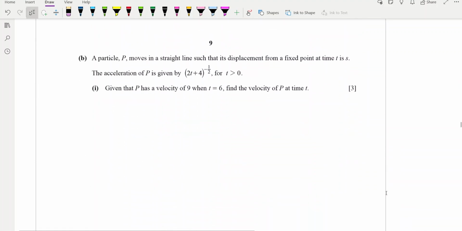Now B part says a particle P moves in a straight line such that its displacement from a fixed point at time t is s. The acceleration of P is given by, this is acceleration basically, t is greater than 0. Given that P has velocity of 9 when t is equal to 6, find the velocity of P at time t.